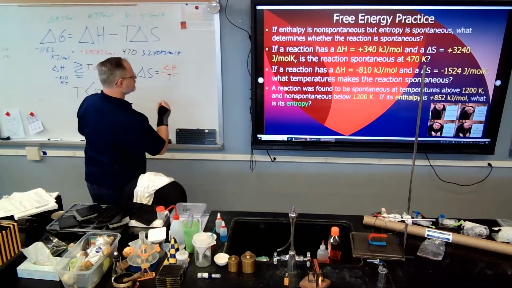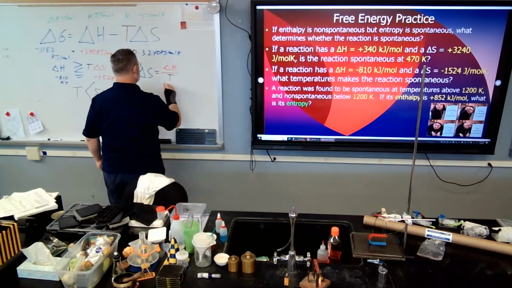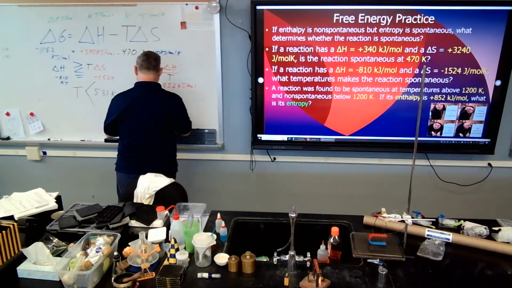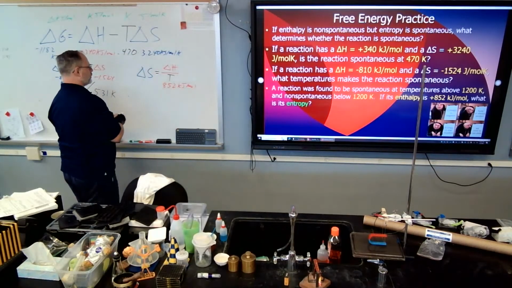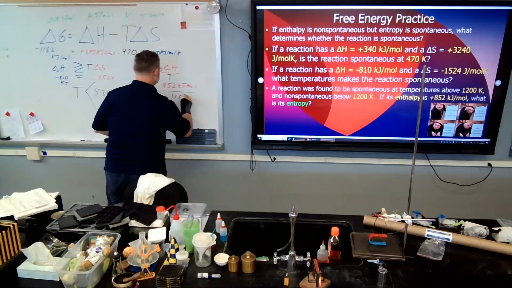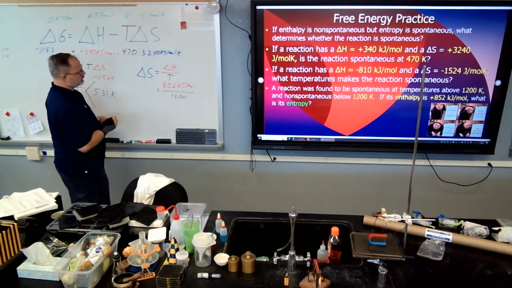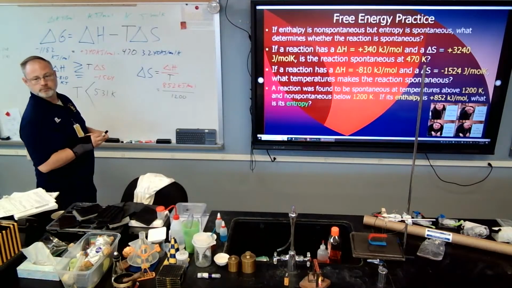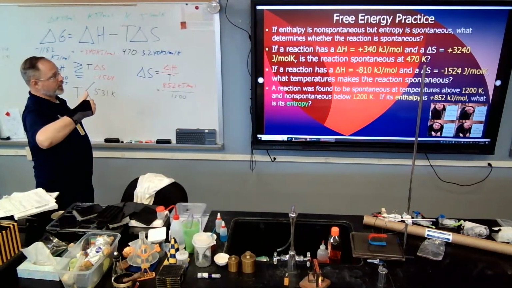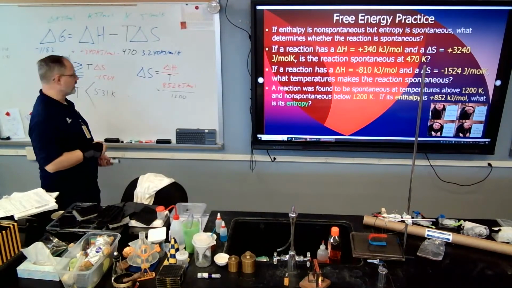When we answer for the entropy, do we do it in kilojoules or joules per mole Kelvin? Excellent question. Since it is an entropy value, you're going to answer it in joules per mole Kelvin. Okay, so 700. Is that what you got? High temperatures are spontaneous, so that means your entropy term is going to be positive.